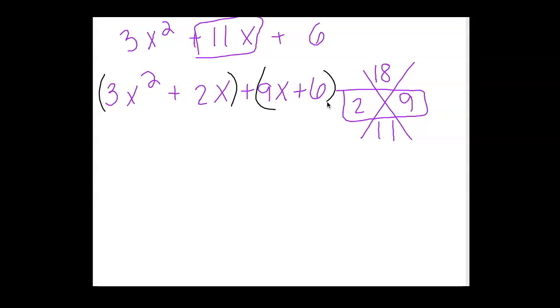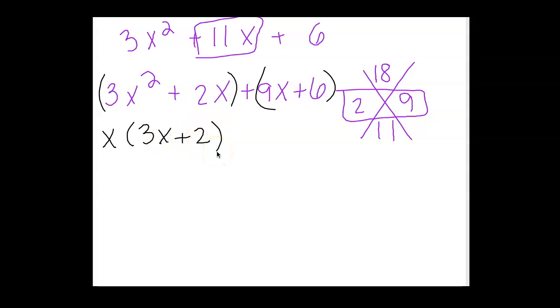So if I leave it the way it is now, what I want to do is take out the GCF. So 3 and 2 don't have a numerical GCF, but we have x squared and x. Once you have 4 terms, you are thinking factor by grouping. So I'm going to take out the x, leaving behind 3x plus 2.